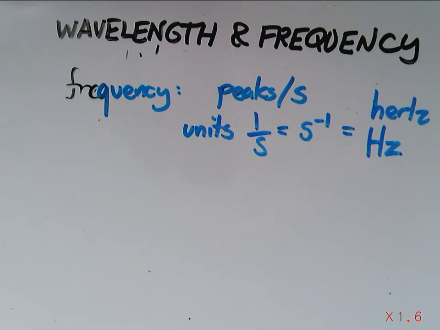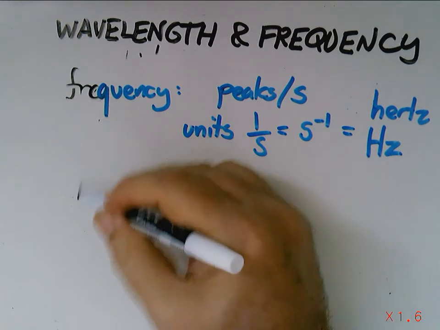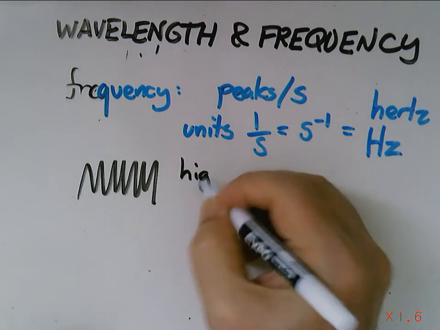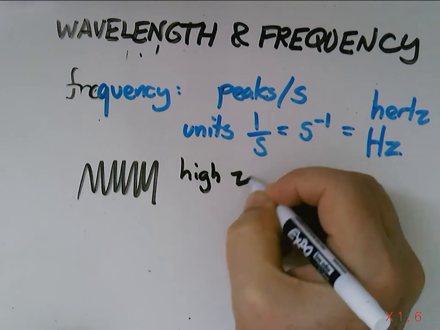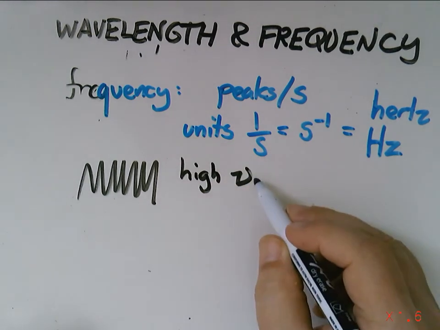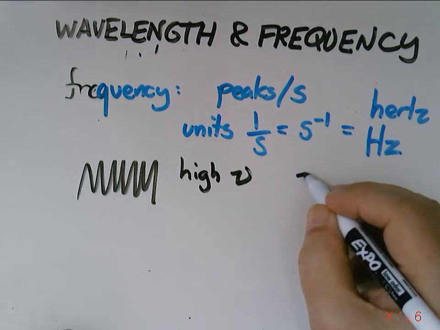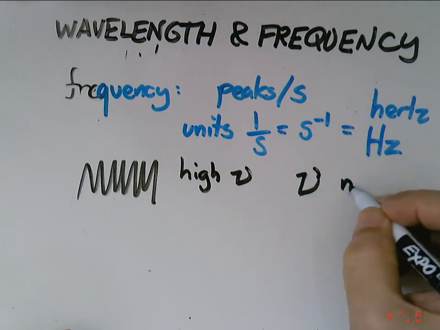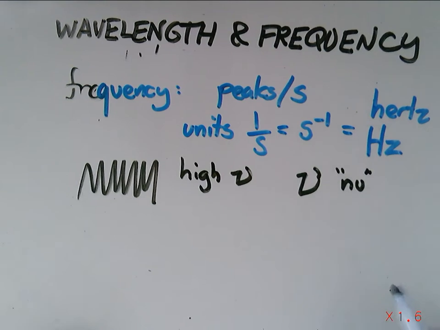Now, how is frequency related to wavelength? Because they're not independent from that picture that we drew before. We said this is high frequency. And I'm using this Greek letter here, nu, to say frequency. That's the symbol that they use for frequency.